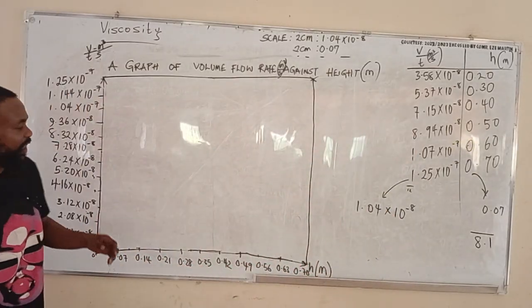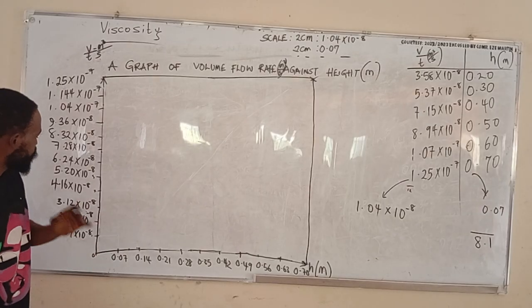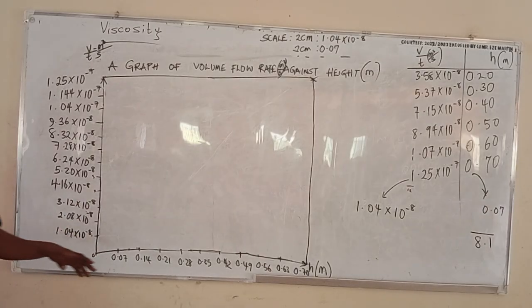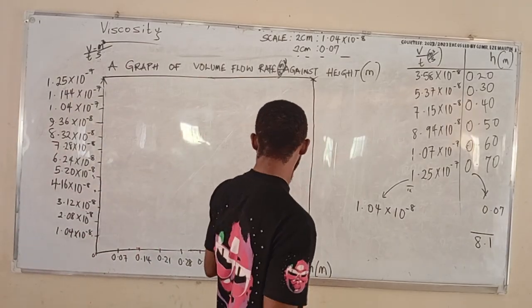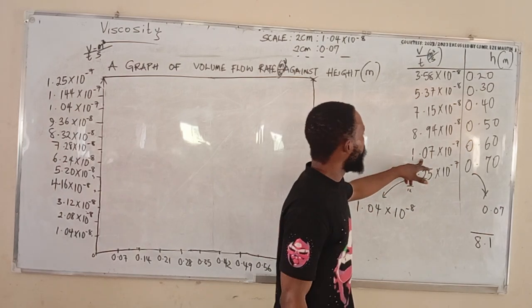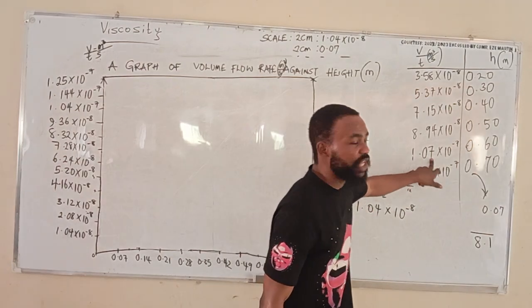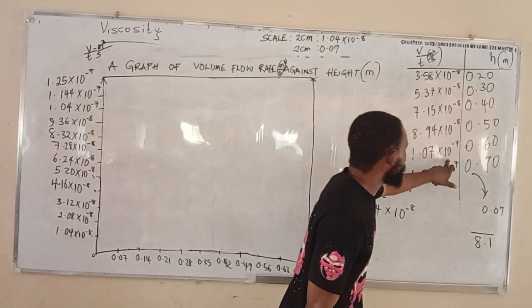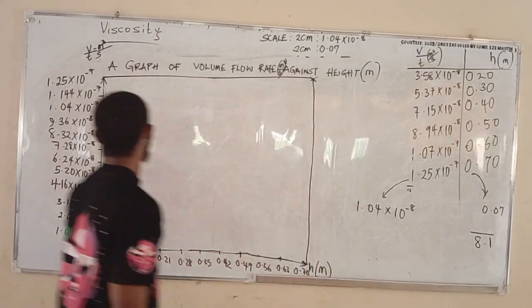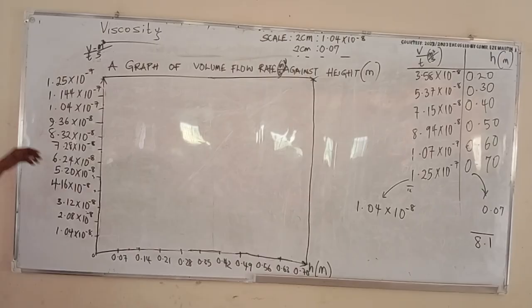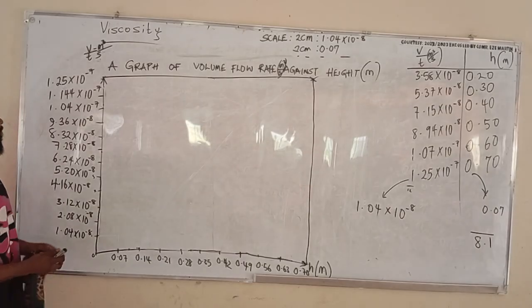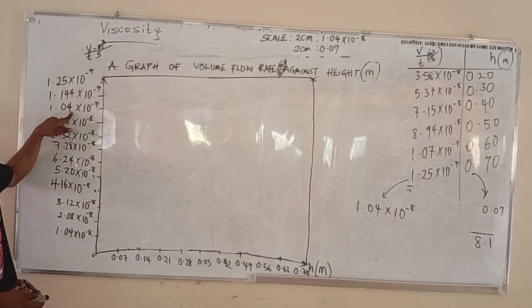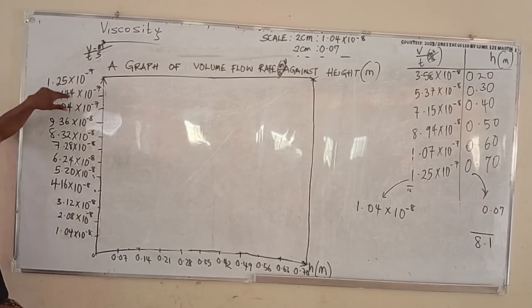So now, let's check again. Please, I want us to see if we can hurry and finish this. Look now, on my vertical axis, I have 4.07 times 10 raised to the power minus 7. Chevy? Yes. But notice that this is 1.04, and then I have 1.144.